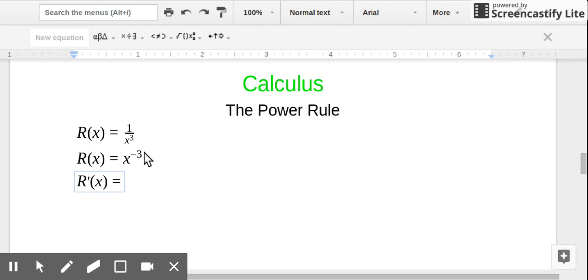What do we do now? Remember, we take whatever's up here in the exponent, bring it out front, rewrite, and subtract 1 from the exponent, so that makes it a -4. -3 minus 1 gives us -4, and most of the time we'll want to write this with positive exponents.